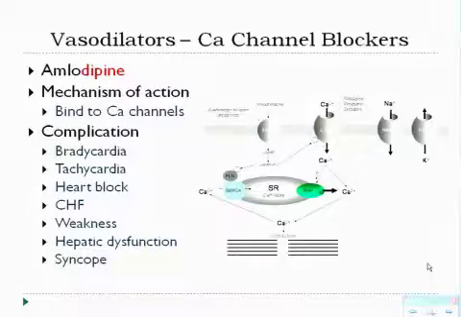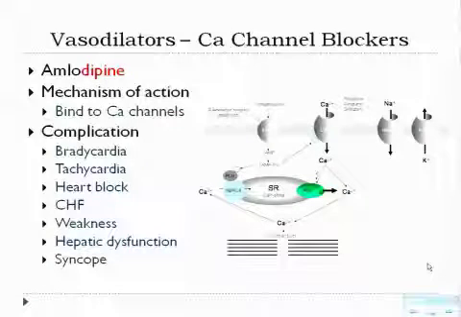The vasodilators that we use very commonly now are calcium channel blockers, amlodipine and nifedipine. The main mechanism of action is basically binding to calcium channels, and of course calcium channels are important for contraction, like we showed you in the prior slides. The complications with this: if you give too much of the calcium channel blocker, you can cause the AV node to be completely blocked out and cause complete heart block in some individuals.